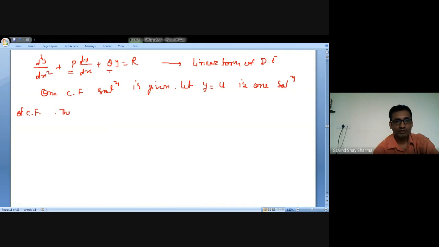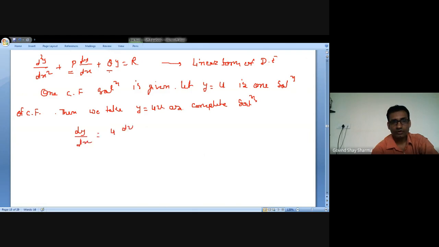Then we take y is equal to uv as the complete solution. So dy upon dx is equal to u dv upon dx plus v du upon dx. This is the formula.